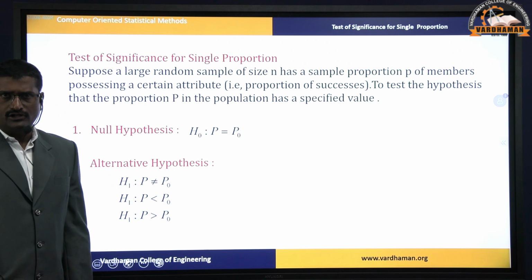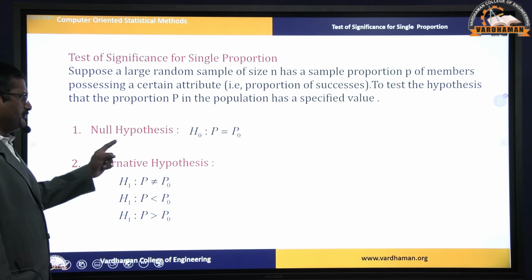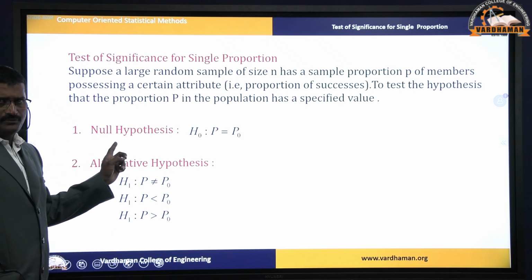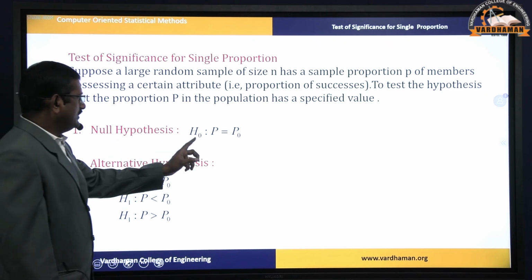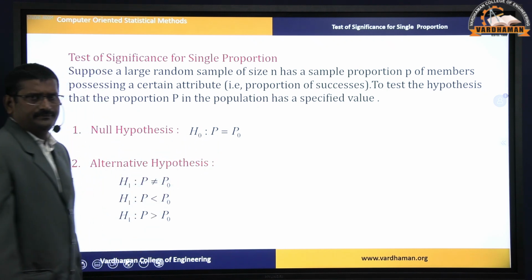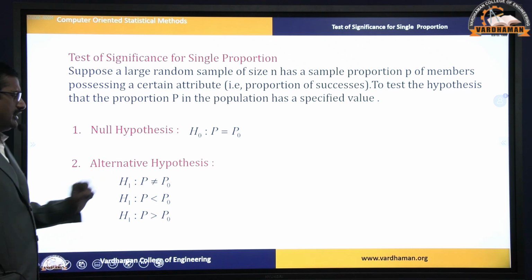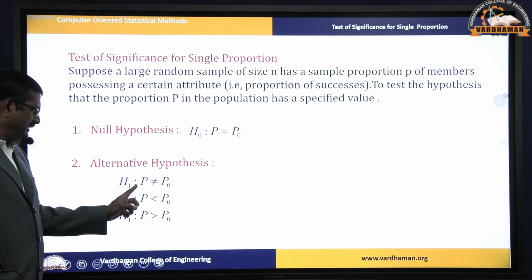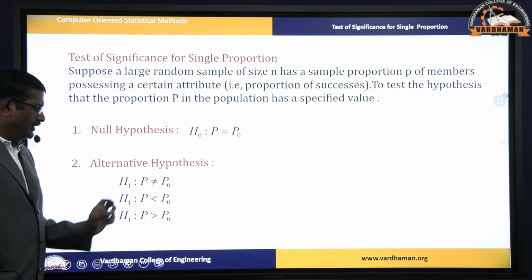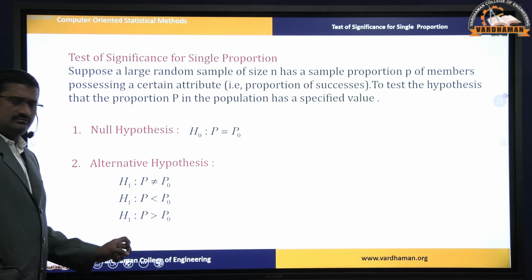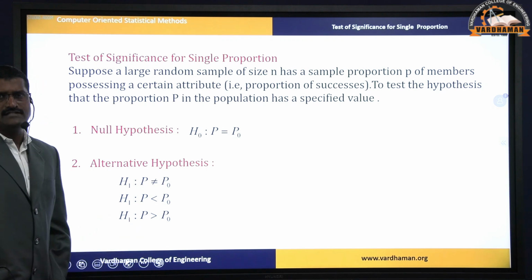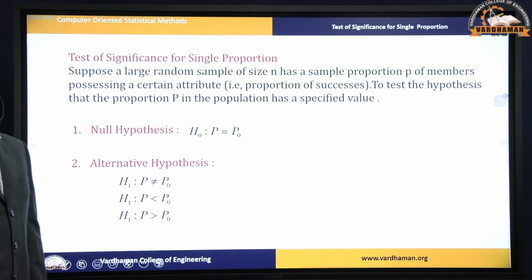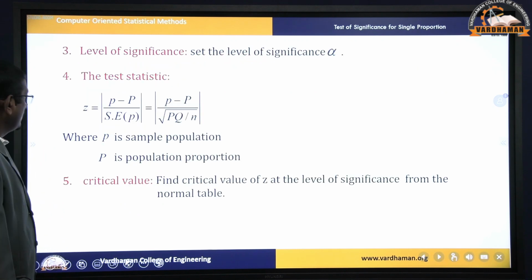As for the working rules, the first working rule is the null hypothesis, which we denote as H0: P = P0. The second rule is the alternative hypothesis, which we can mention as H1: P not equal to P0, or P less than P0, or P greater than P0. As per the given problem, we have to decide which one is applicable.